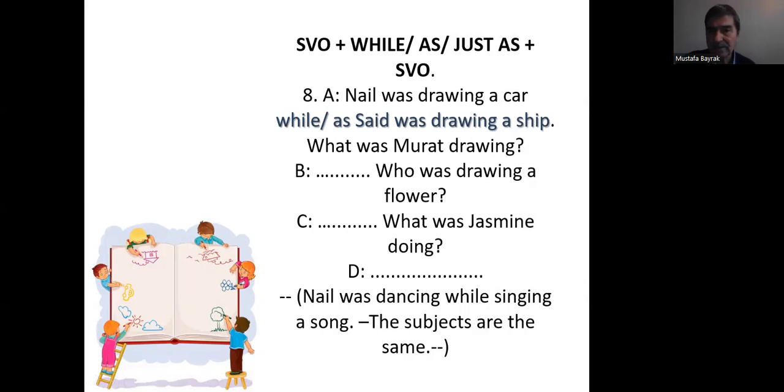Naila was dancing while singing a song. There are two sentences: Naila was dancing, full stop. He is also singing a song. So it is better to say it like this: Naila was dancing while singing a song, while he is singing a song.